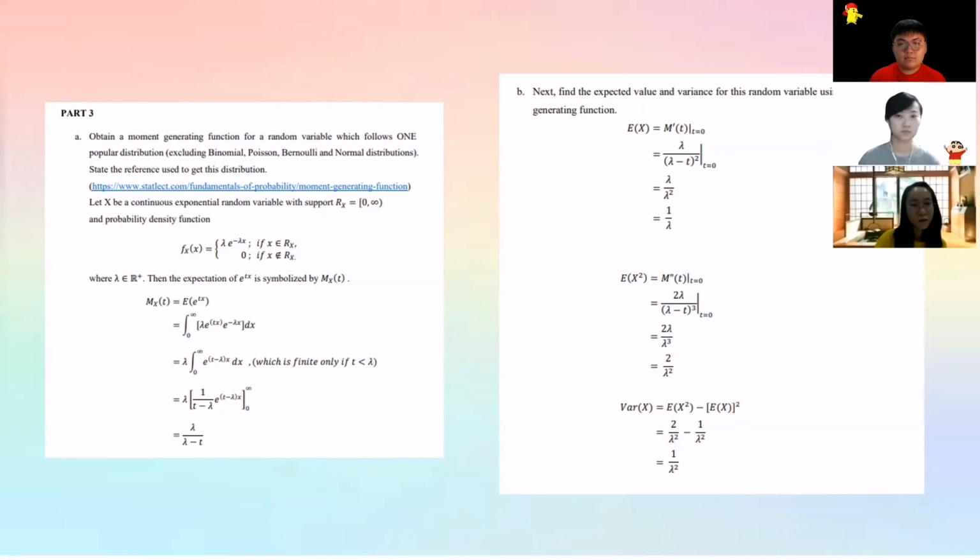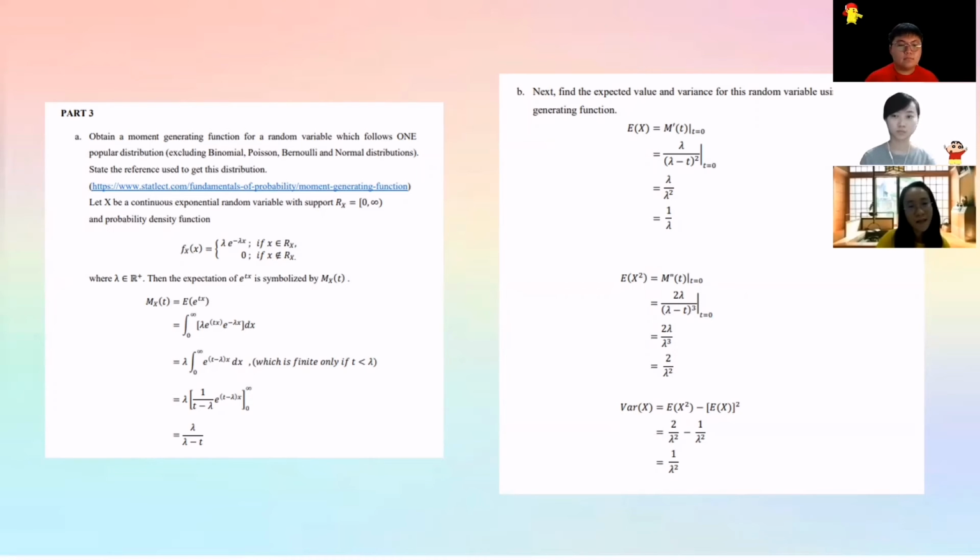To get the moment generating function, we need to integrate e to the power of tx times f(x), which is lambda times e to the power of negative lambda x, from 0 to infinity.